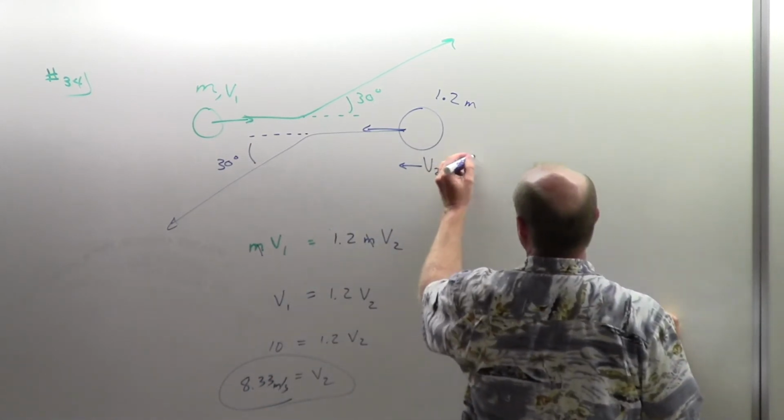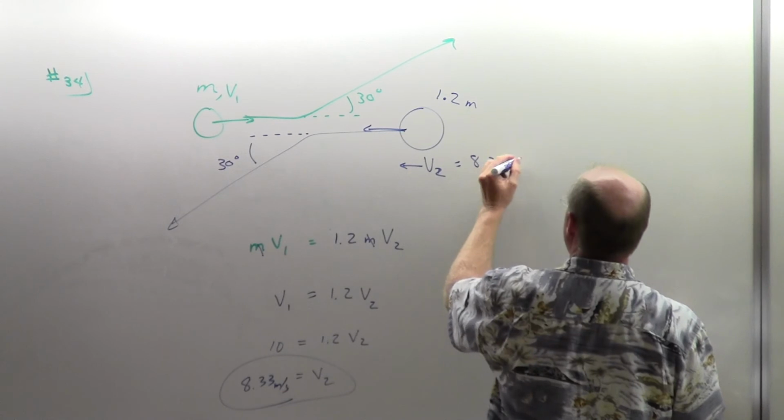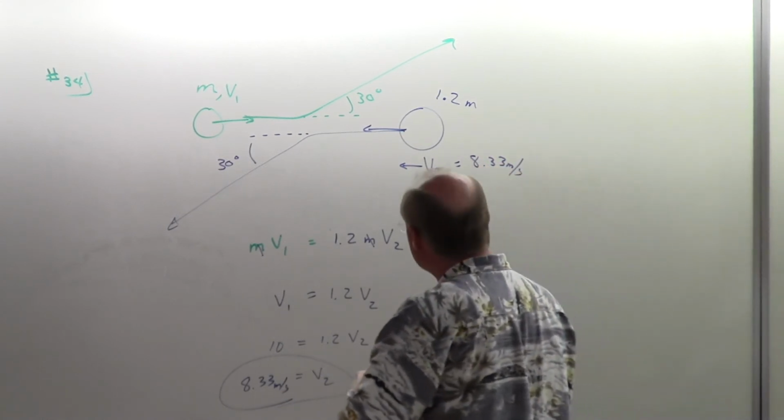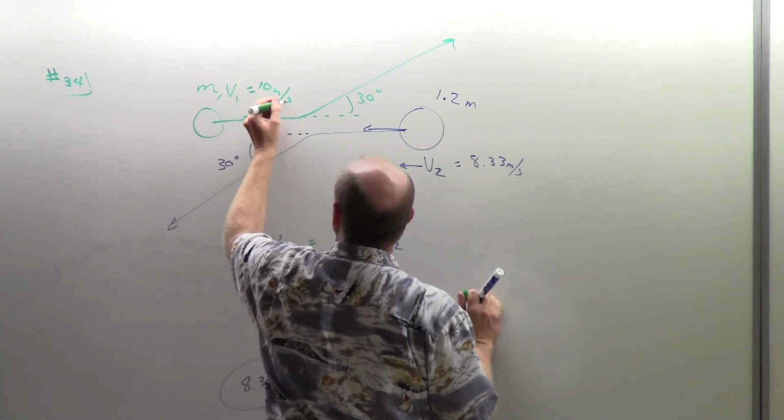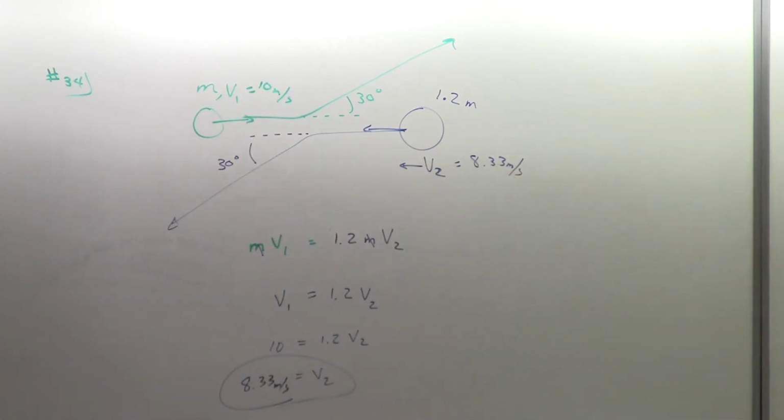And maybe I'll even put that in my diagram. So this is 8.3 meters per second, whereas this one over here is 10 meters per second. Okay? So there's that second sentence.